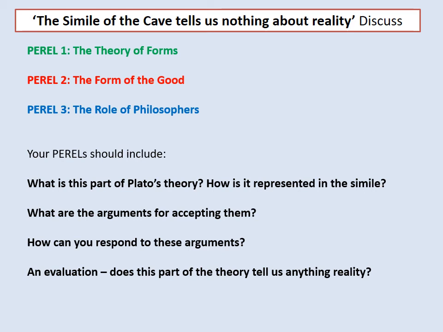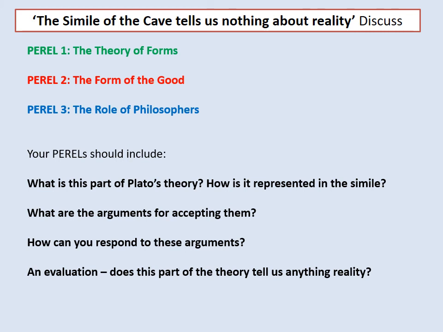One thing that you might want to put in the conclusion is, well, the thing about Plato's simile is that it's been really popular, even among people who don't actually agree with Plato's theories, because there's something about that simile that catches people's imagination.